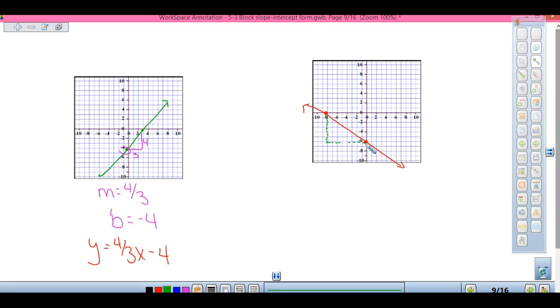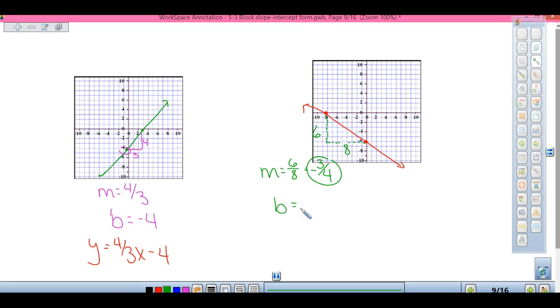So what's my rise? Six. What's my run? 8. So my slope is 3/4. Now we have to look at it. Is it positive or negative? It's negative. It's going downhill. So my slope is negative 3/4.